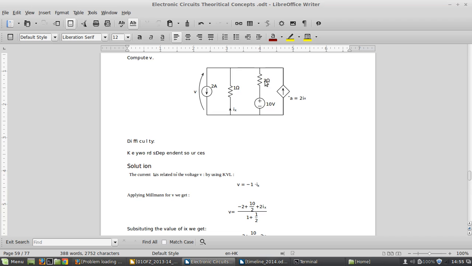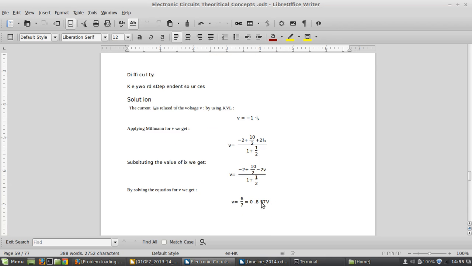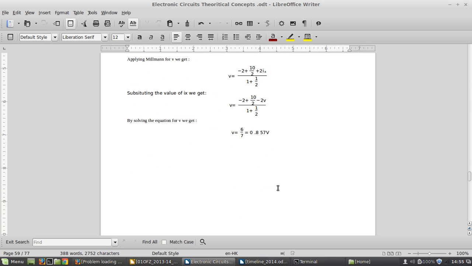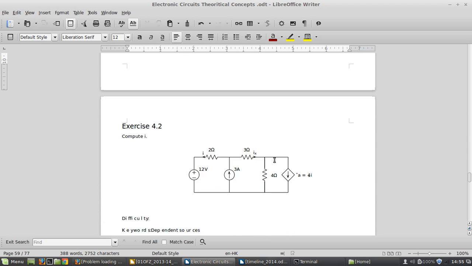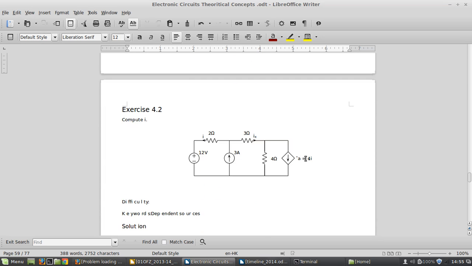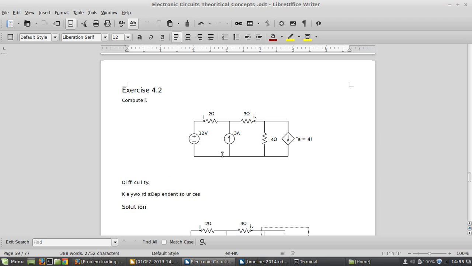Lastly, you just divide by the conductance, and those are this one and this one, and ultimately we get the value here. So this was the first concept. From this circuit analysis I can assure you that you can also use Millman for dependent sources, and it works like normal independent sources.